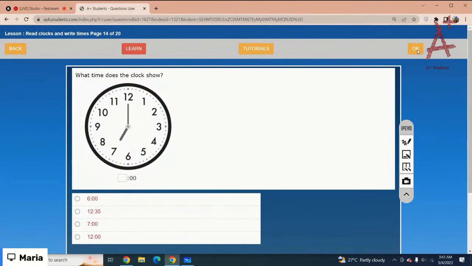What time does the clock show? It would be 7.